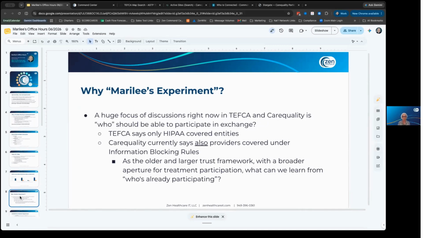And should we align with TEFCA in order to enhance trust for those providers, to make sure that who they're sharing data with are HIPAA entities?